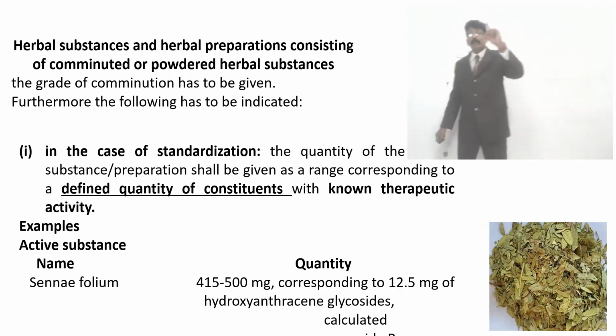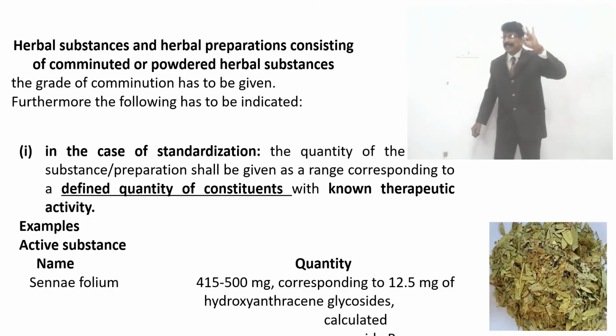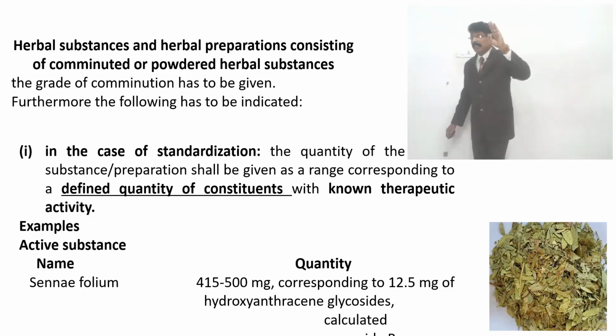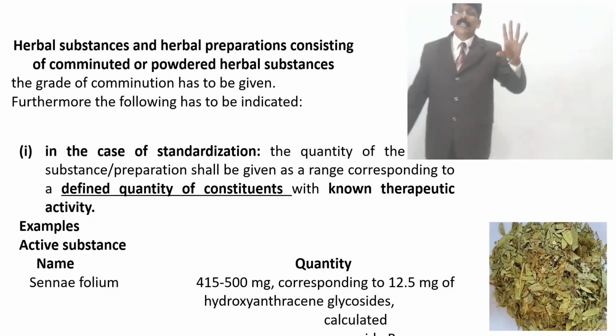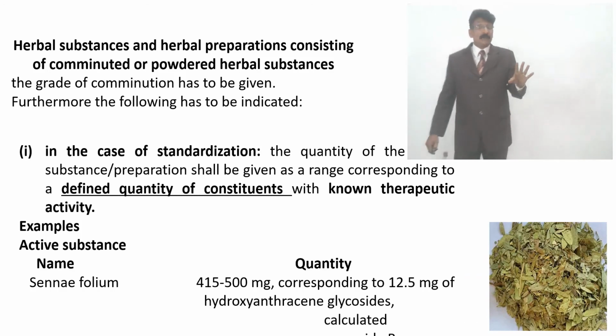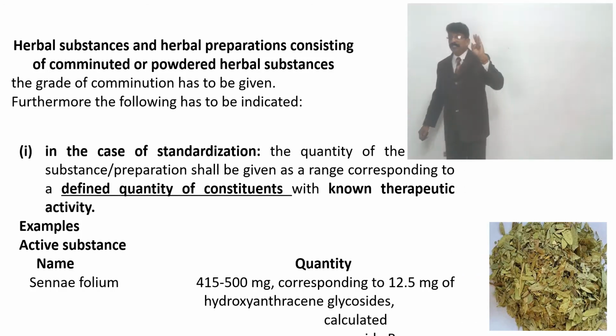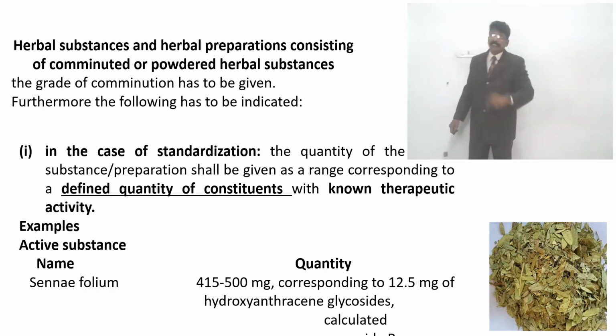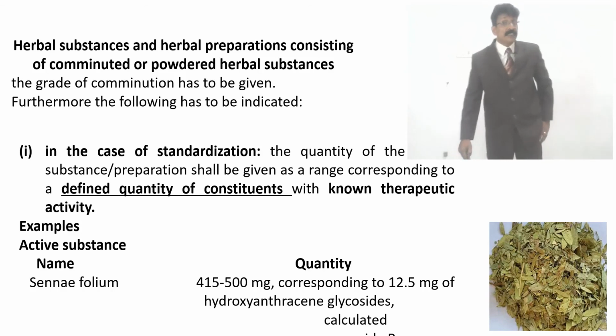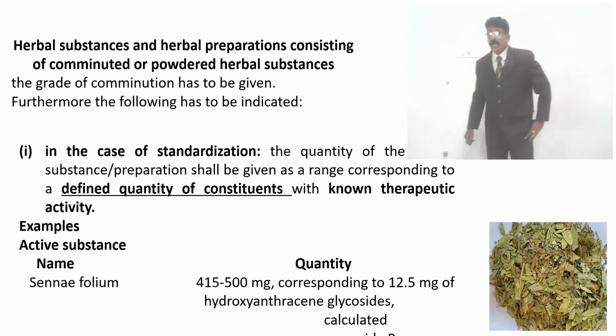Example number 1, we made 3 categories: standardized, quantified and other herbal substance or herbal preparation. These 3 the students must always remember. So in the first example, in case of standardized substance, we are talking about herbal substance, not herbal preparation. So first we are talking about powdered herbal substance.